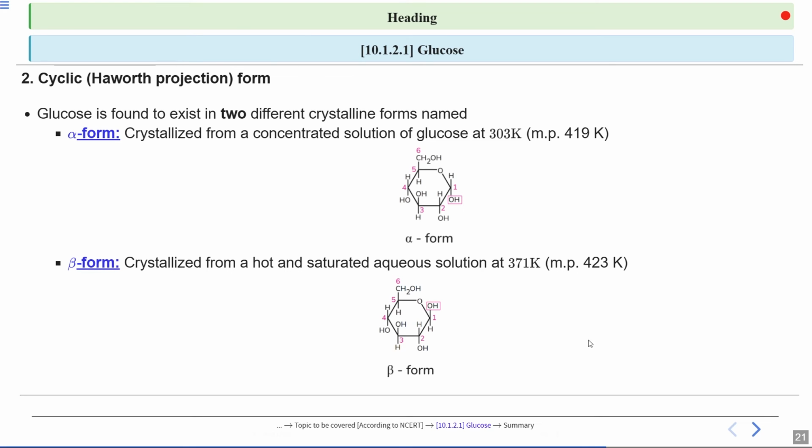Can you spot the difference between the alpha and the beta form? In the beta form, the hydroxyl group on carbon number 1 is pointing upwards. The rest of the structure is the same in the alpha and beta forms of glucose. There is just a difference in the hydroxyl group at carbon number 1. In the alpha form, the hydroxyl group points downward, and in the beta form, it points upwards.